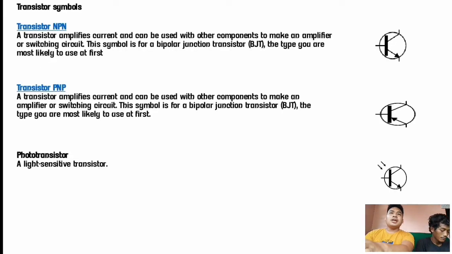A transistor amplifies current and can be used with other components to make an amplifier or switching circuit. This symbol is for a bipolar junction transistor, BJT, the type you are most likely to use at first.